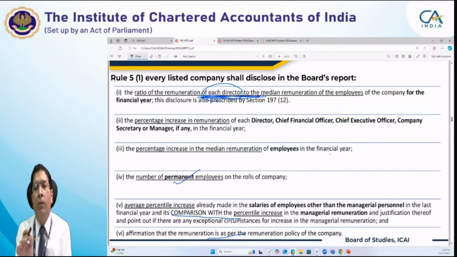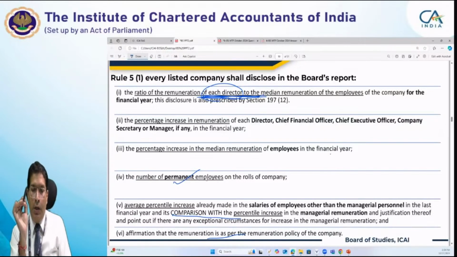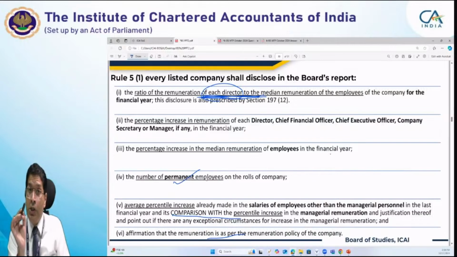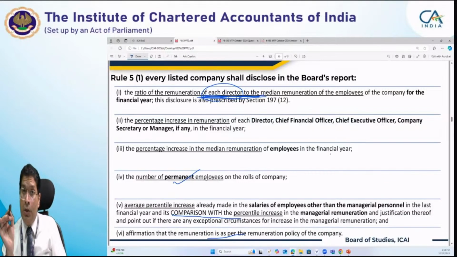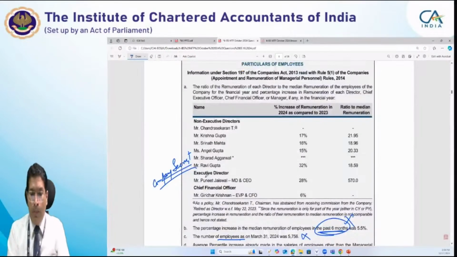We have to give the ratio of remuneration of each director, not of CFO, CEO, or company secretary. Therefore, the company has given a percentage increase in remuneration of CFO, but has not given the ratio to median remuneration.